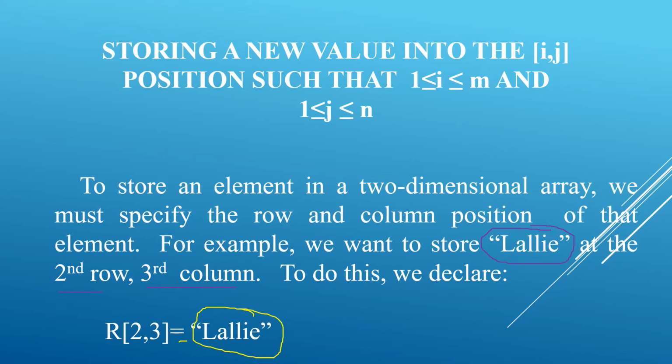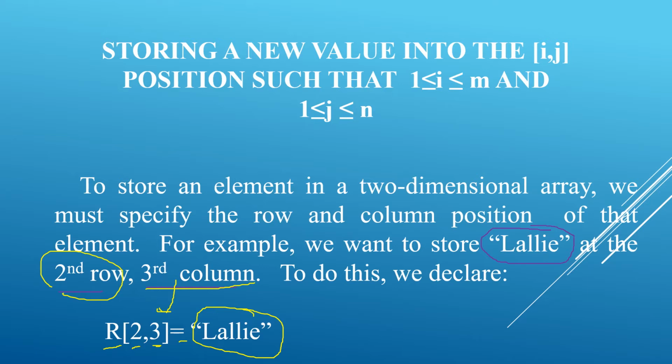While on the left side we have to define what the array name is. Since from our previous example our array is named R, we will just be consistent with our array name. So we have R, and then since we want to store Lali at second row, the first index pertains to the row number. So we have 2. And then at the third column, the second subscript pertains to the column position. Okay?